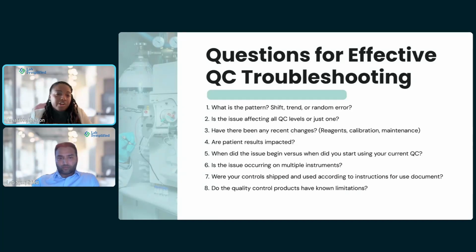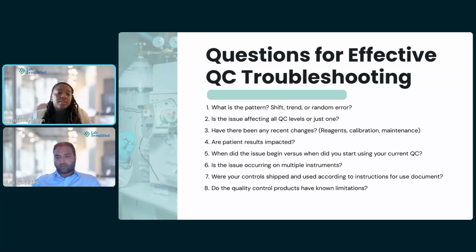Were your controls shipped and used according to instructions for use? So I think this is really important. A lot of times customers will say, hey, I've been using this control product for a long time. I know how to use it. So it's definitely not a handling issue. But some things could change. So you just want to make sure you're checking those instructions for use and making sure you're handling products appropriately.